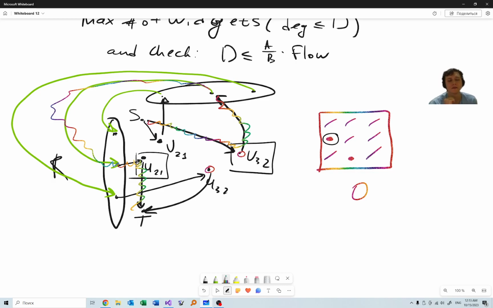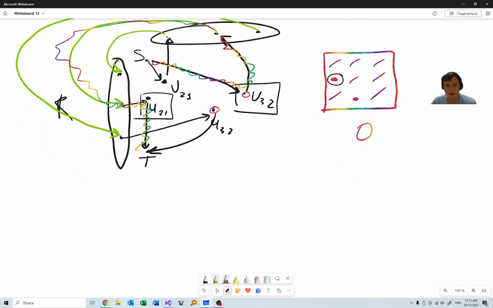Let me think. So we have two vertices, which we need to connect with an edge.